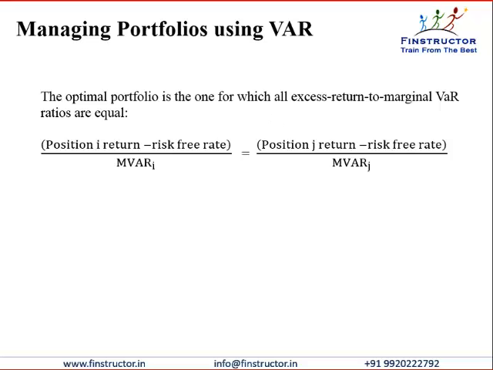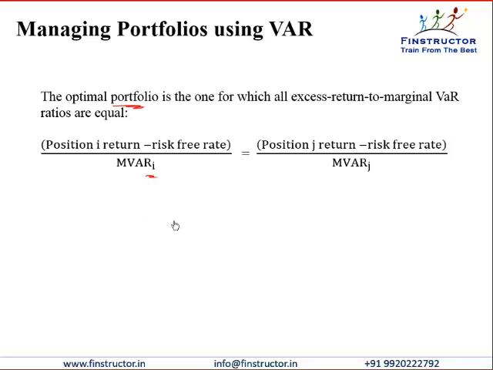Similarly, we can prove that the optimal portfolio from a risk return standpoint will be a portfolio in which excess return to marginal VAR is the same for all assets.